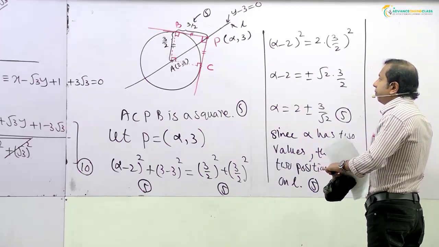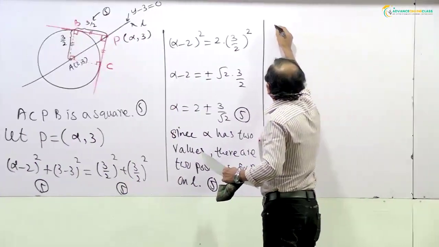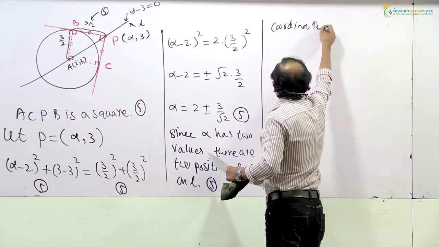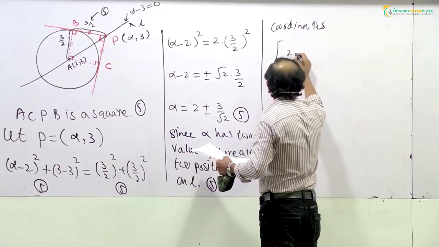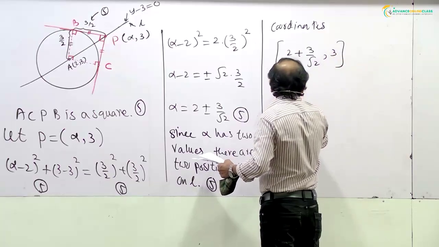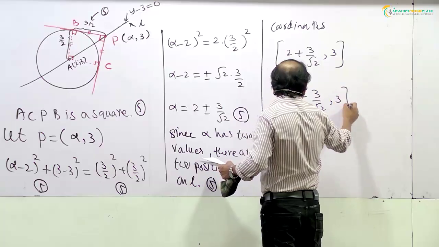By coordinate geometry, no? Right. Coordinates. First take the plus sign here: 2 plus 3 over root 2, and 3. The other: 2 minus 3 over root 2, and 3.